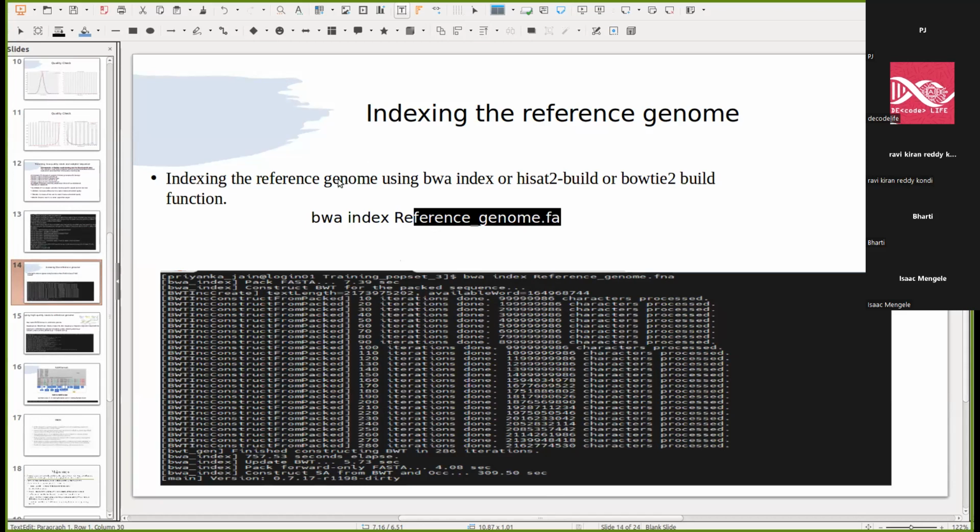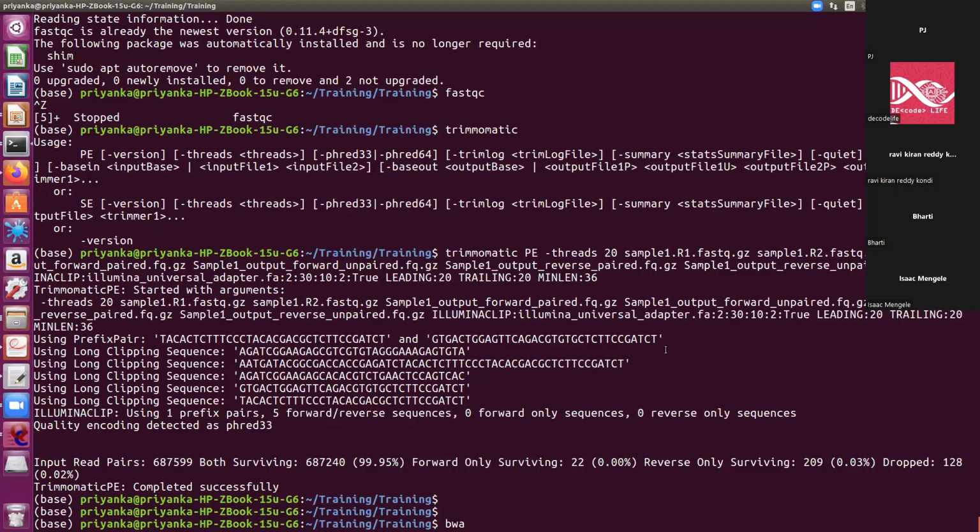Ma'am, if we want another reference genome, like if we are testing any other organism, from where can we download the reference genome? See, the reference genome of every published organism is on NCBI.